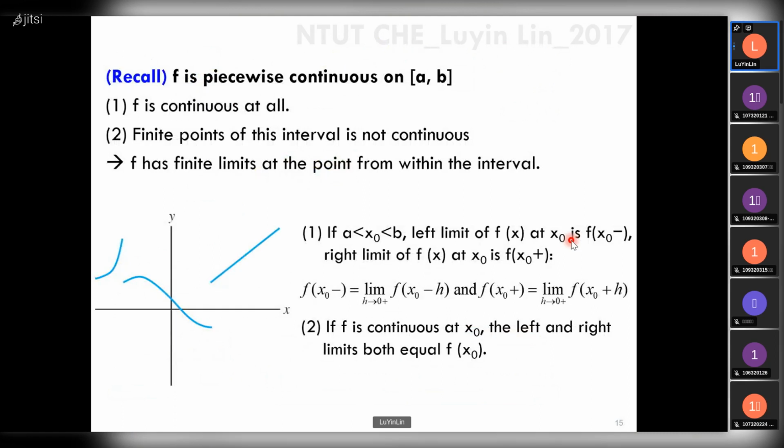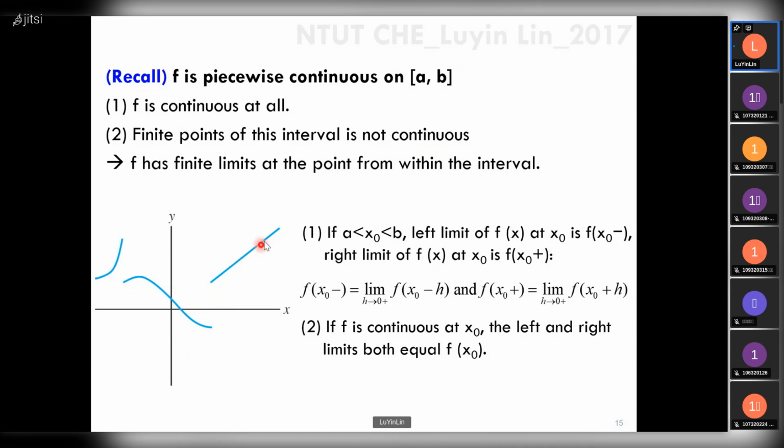Next, let's see the continuity. Recall what piecewise continuous is. There are two requirements for piecewise continuous on a range from A to B. First, f of x is continuous on the whole range, however finite points of this interval are not continuous, like in this figure.